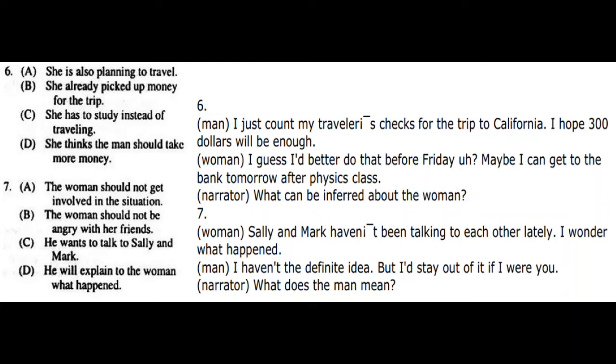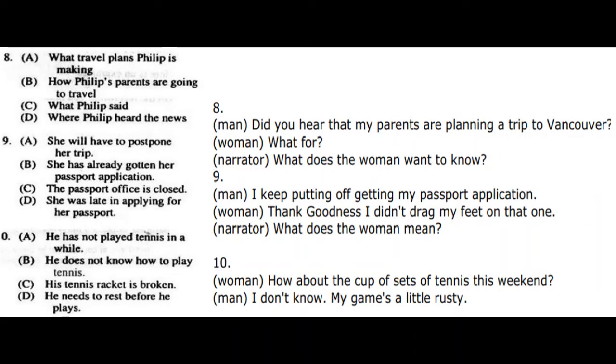Number 7. Sally and Mark haven't been talking to each other lately. I wonder what happened. I haven't the faintest idea, but I'd stay out of it if I were you. What does the man mean? Number 8. Did you hear that my parents are planning a trip to Vancouver? What, Philip? What does the woman want to know?